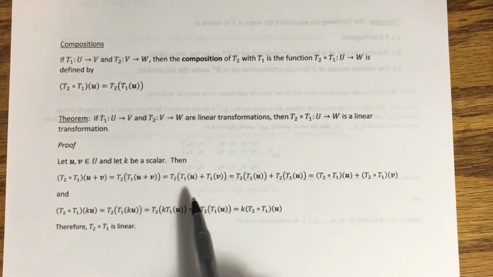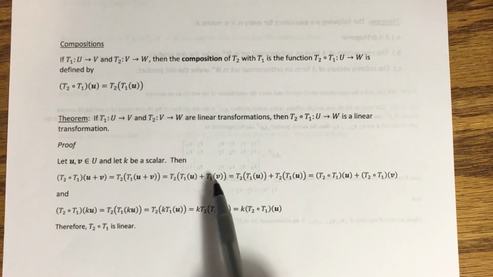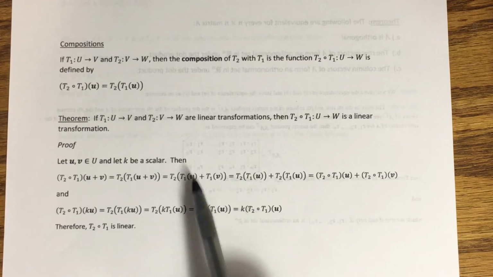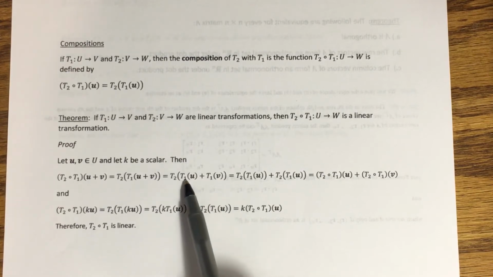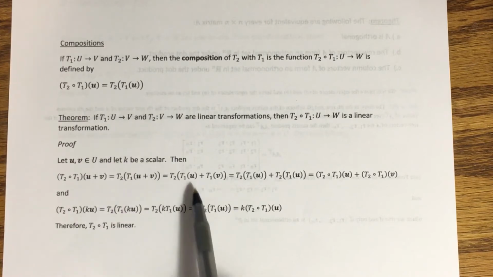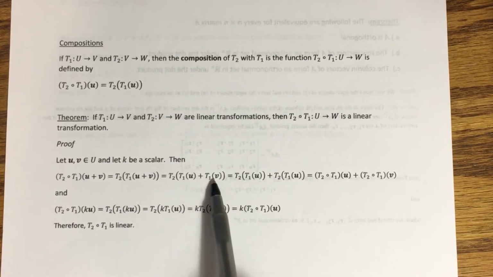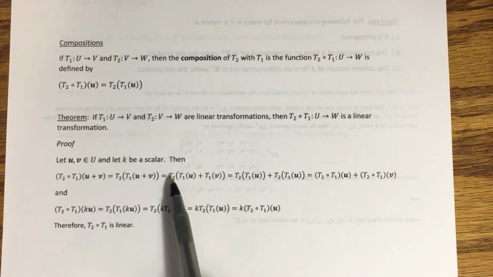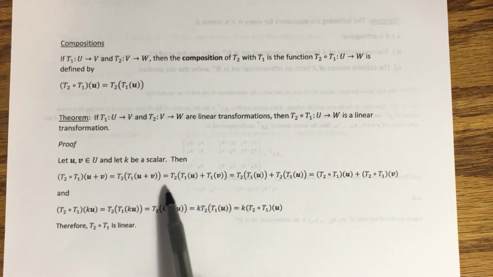That's totally fine. Now, think about what T1 of U and T1 of V are. These, individually, are the images of U and V. So plugging each of these separately into T1 produces a vector in V. So this is a vector in V plus another vector in V. And I'm plugging the sum of those two vectors into my linear transformation T2.